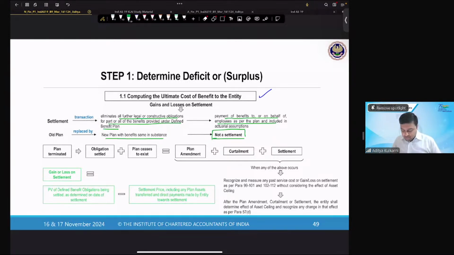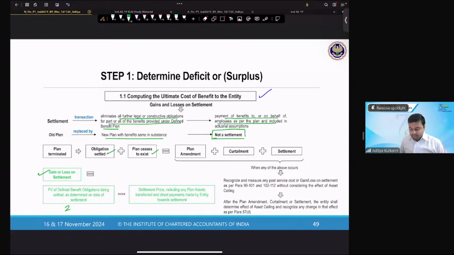Okay. So when I say a plan has terminated, when the obligation is settled and the plan ceases to exist, what is the gain or loss on settlement? Gain or loss on settlement is nothing but present value of defined benefit obligations being settled. In our case, how much it was? Bolo.